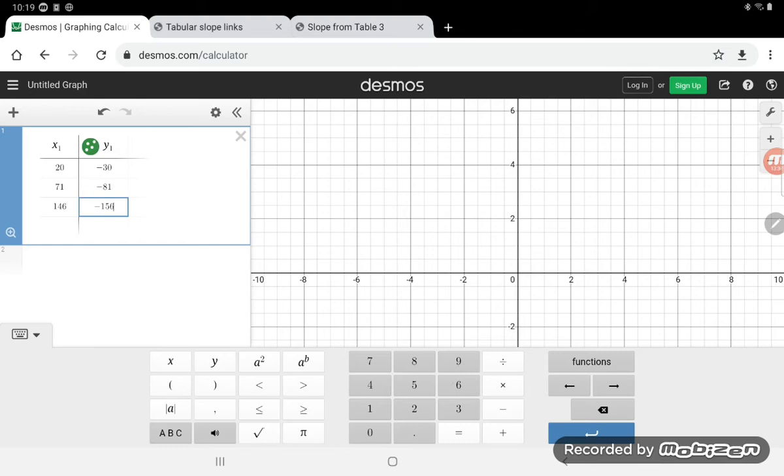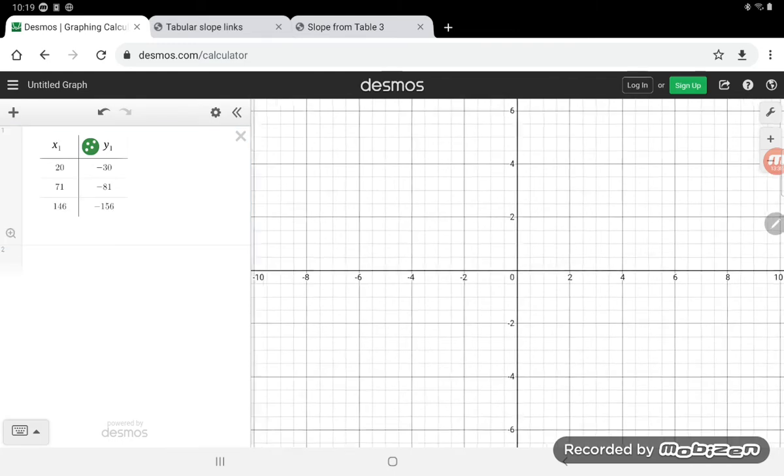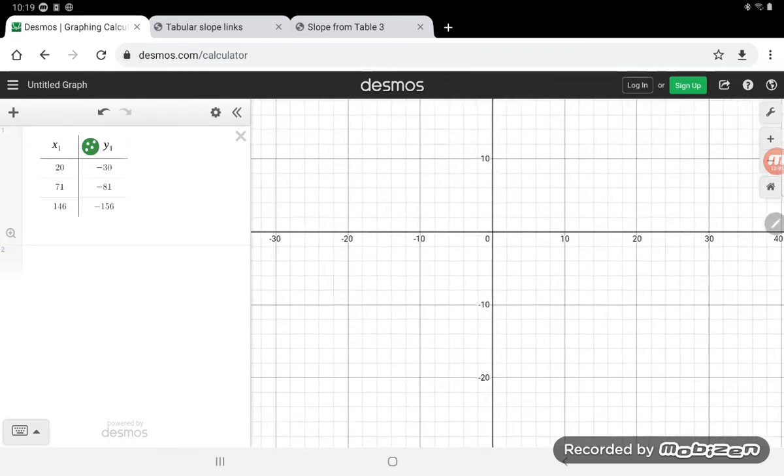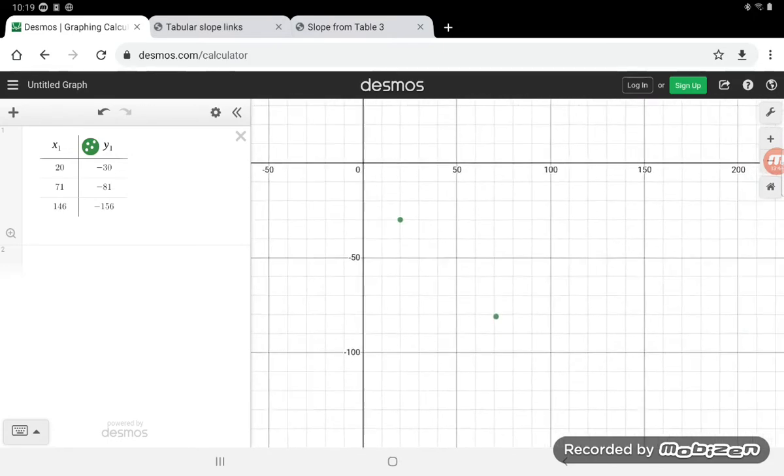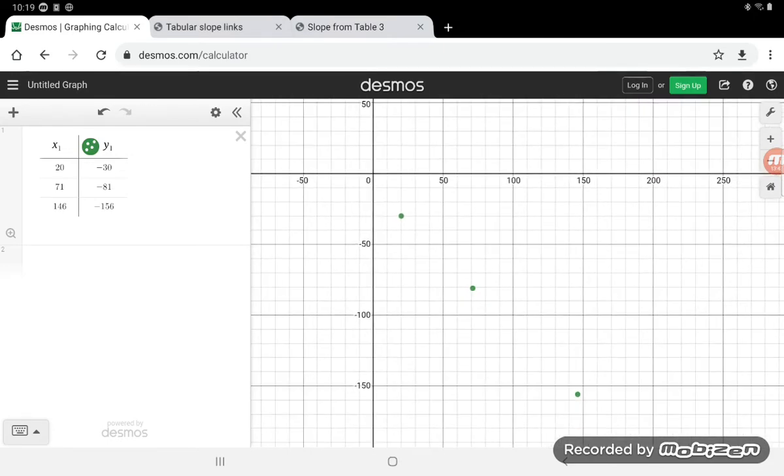So see, I can plot these data now. I don't see them over here at this point, but if I move things around, there they are. Okay, so there are 3 points.